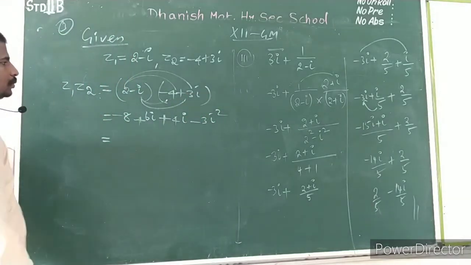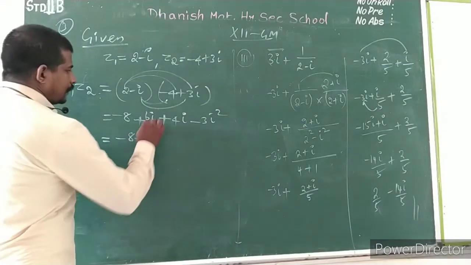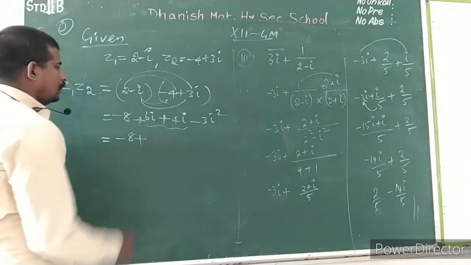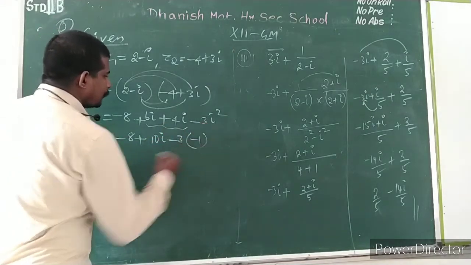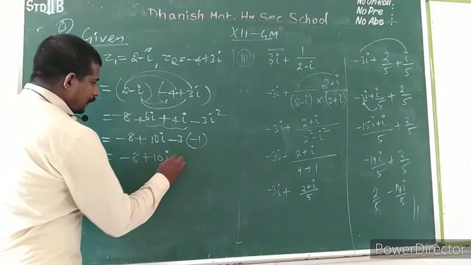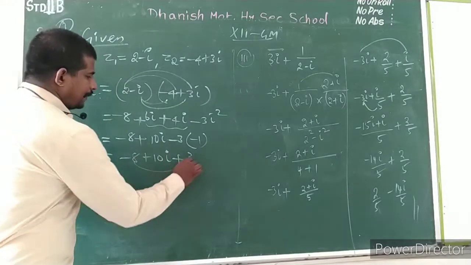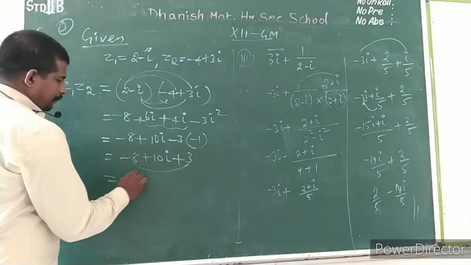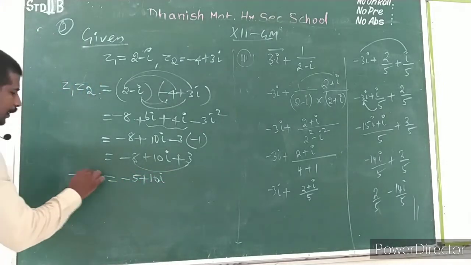Now this is equal to minus 8 plus, here we have two items, 10i, minus 3 into i square is minus 1. So minus 8 plus 10i plus 3. Now here we have two real terms, that is minus 5 plus 10i. Here we got z1 into z2.